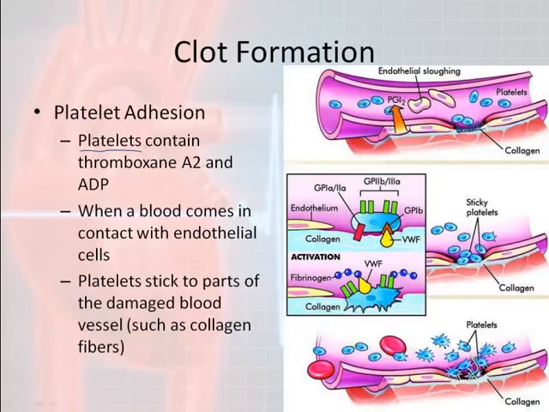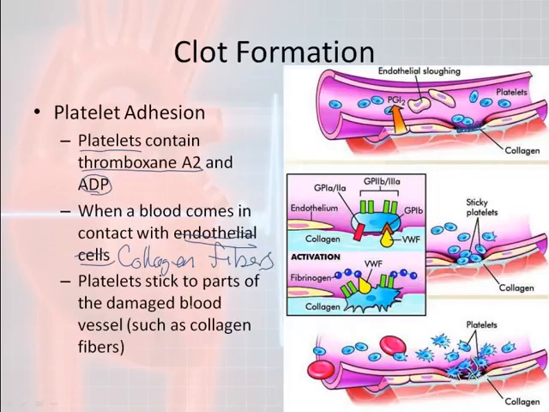Once a platelet attaches to the collagen fiber, they release a couple of chemicals. One of the chemicals is thromboxane A2 and another one is ADP. So when blood comes in contact with these endothelial cells, not the endothelial cells, that's actually not true, is it? It comes in contact with the collagen fibers.